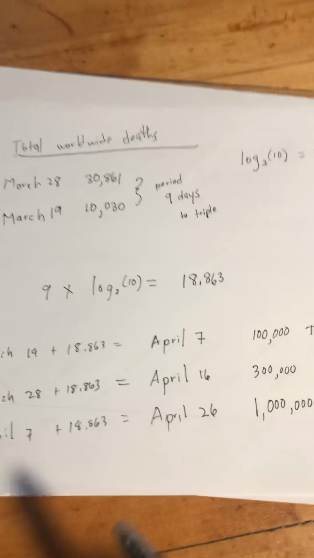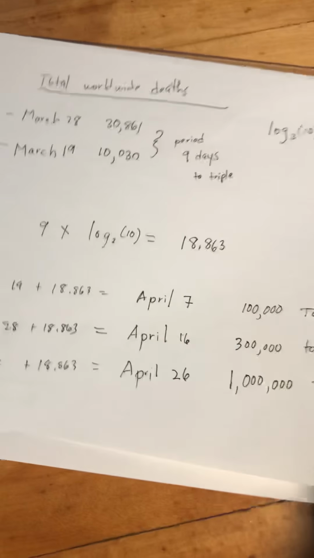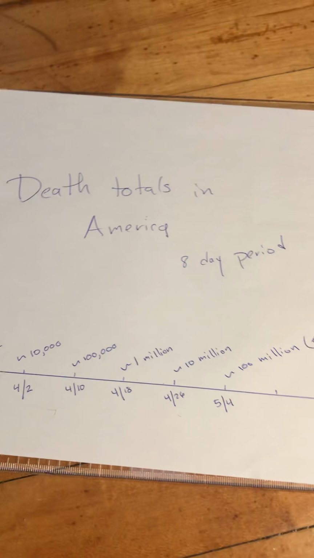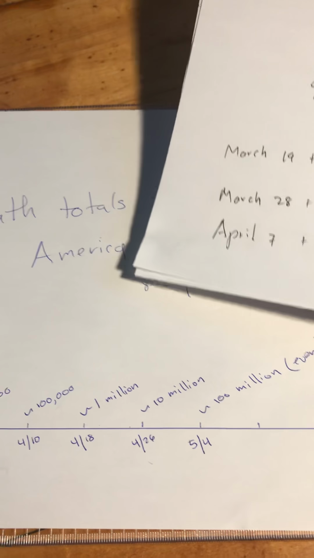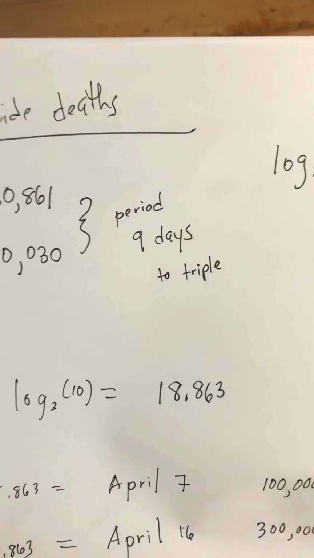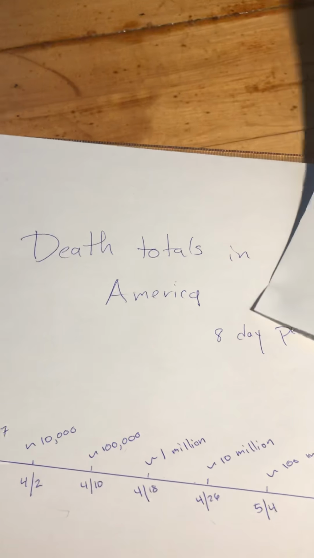Now, there's a glimmer of hope in all this. If you watch my other videos, you would have seen the timeline of deaths in America, where I identified an 8-day period. Here it's a 9-day period, just a triple. Here it's 8 days to tenfold.